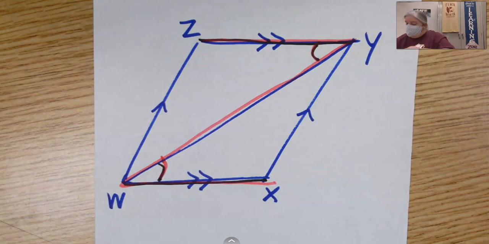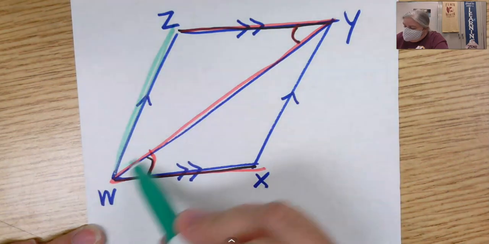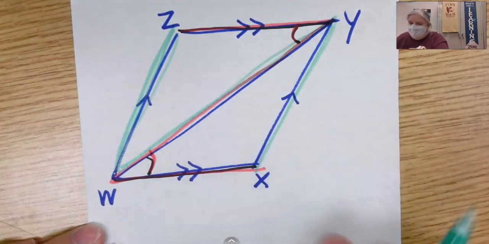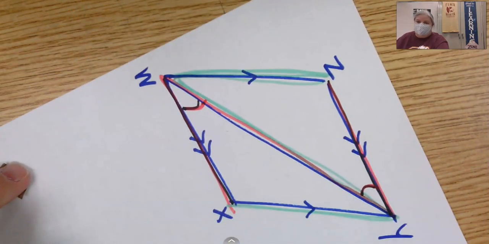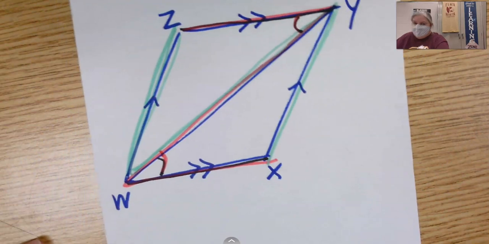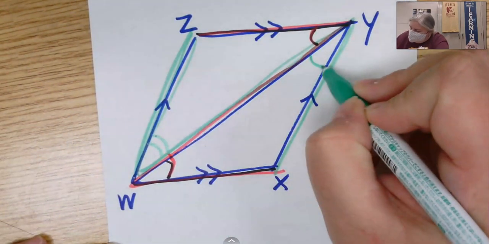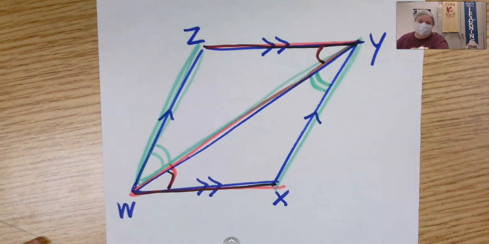Then these other 2 sides, by being parallel, ZW, this is like my backwards N, or backwards Z. Actually, that is a backwards Z. Okay, those 2 make this angle congruent to this angle by the alternate interior angles theorem.